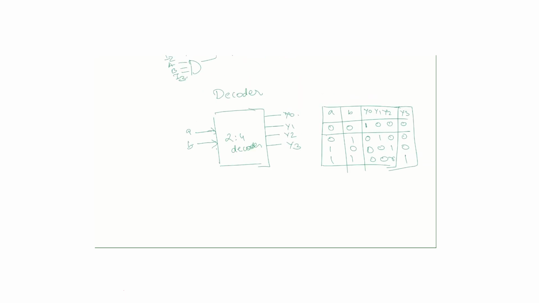Suppose you are asked for active low outputs. Then you write the same thing, but you add a bubble here.